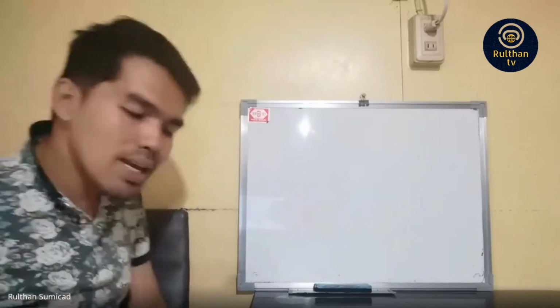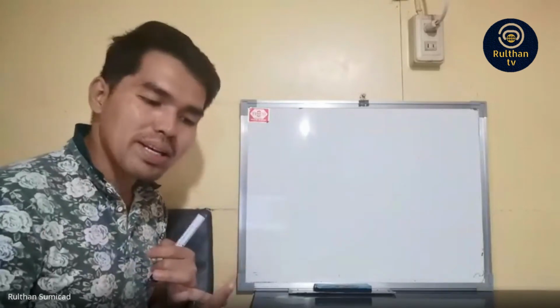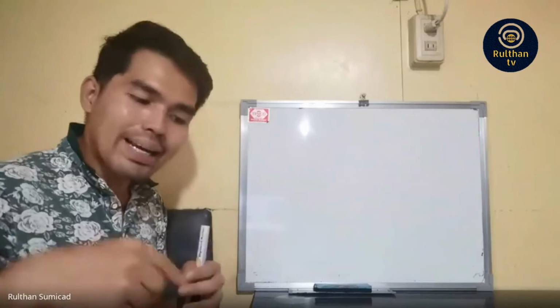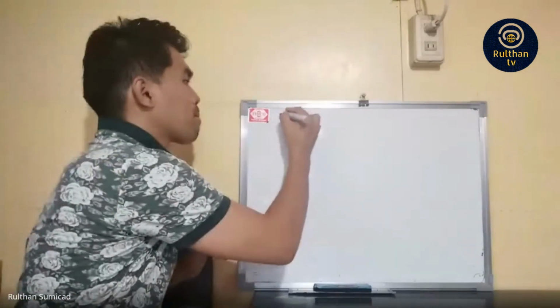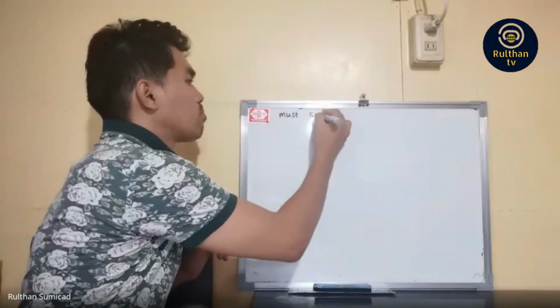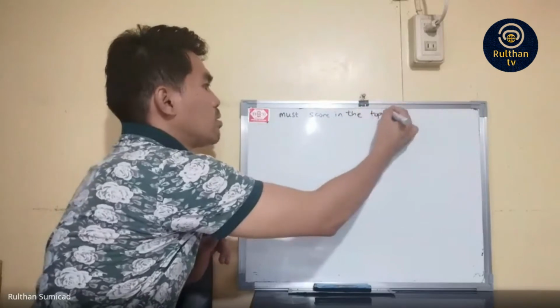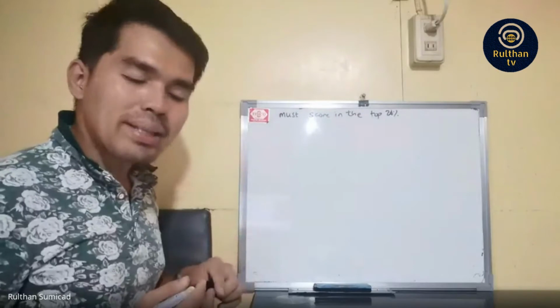So again, I'll just emphasize the question here. To qualify for a master's degree program in business administration at San Sebastian College, the candidate must score in the top 20% on a mental ability test.